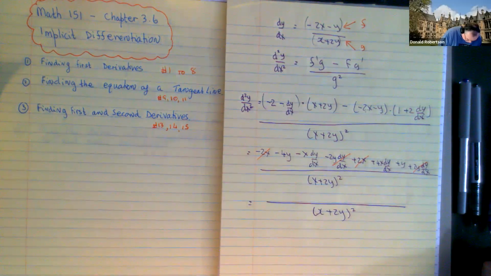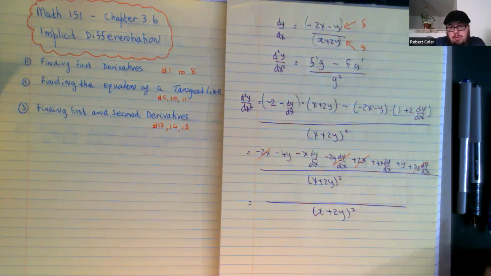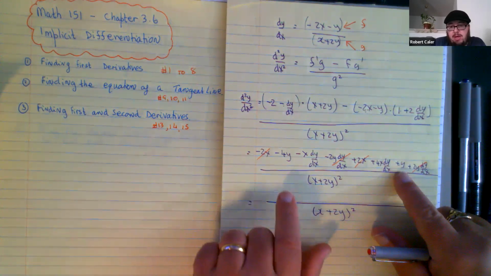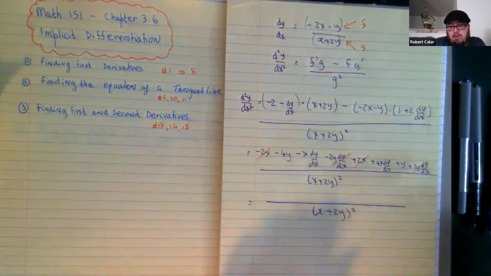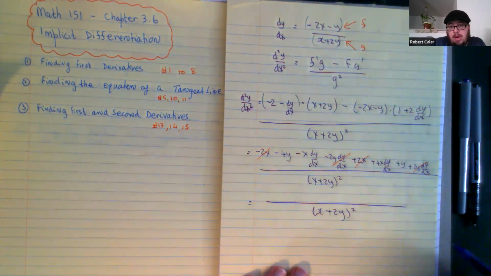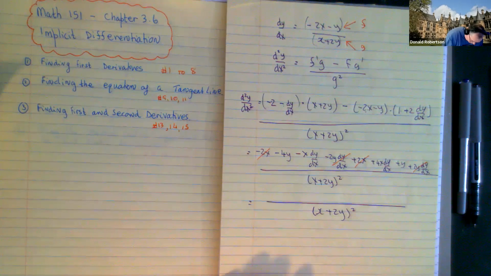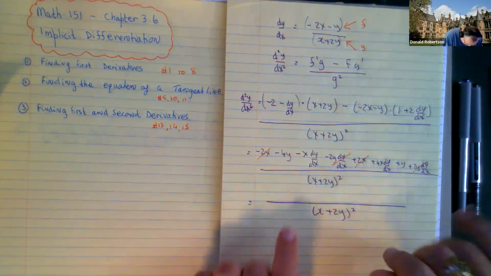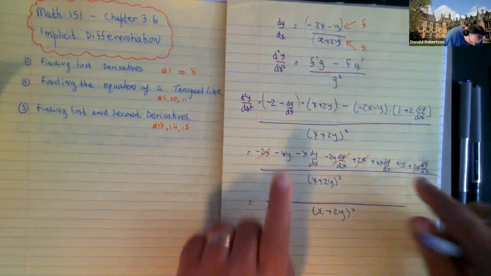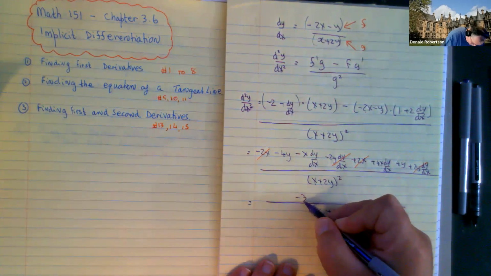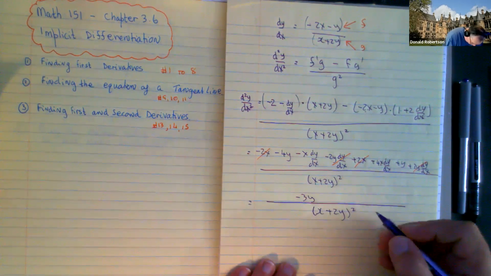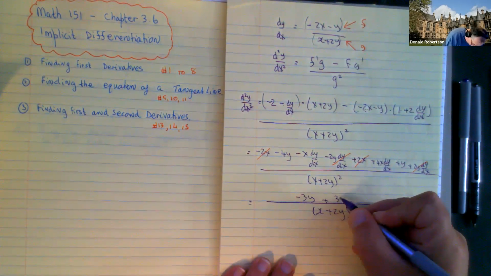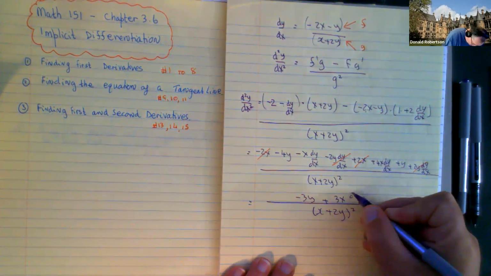Anything else? I think that's it. In case I missed one, tell me. Could you subtract the negative x dy dx from the 4x dy dx? And also the 4y from the regular y. Okay, agreed. And so we combine these and get 3x, and we combine these and get negative 3y. So we have a negative 3y and a plus 3x dy by dx.